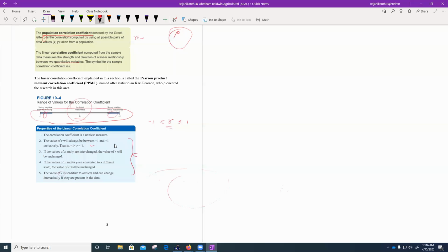So this outlier gives trouble when you calculate the correlation coefficient. That's what this is. So the value of r is sensitive to outliers and can change dramatically. Okay. So these are the properties we have for the linear regression coefficient.